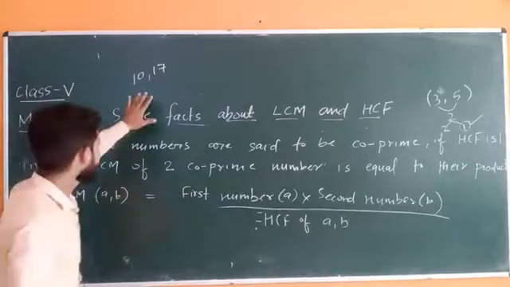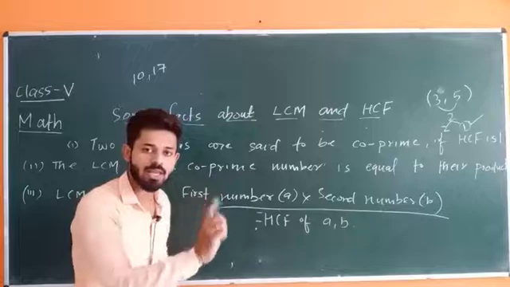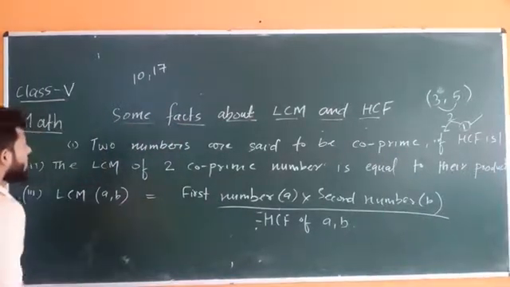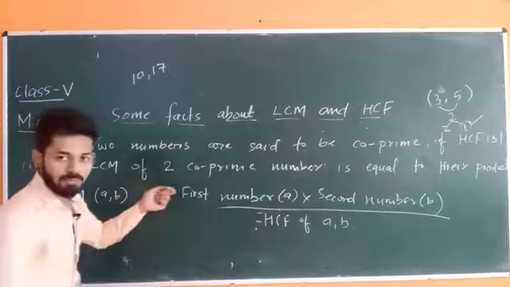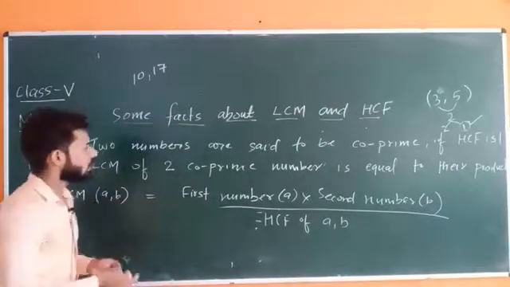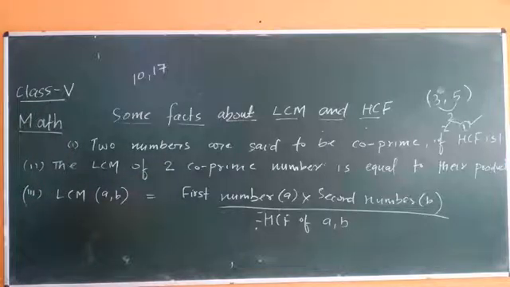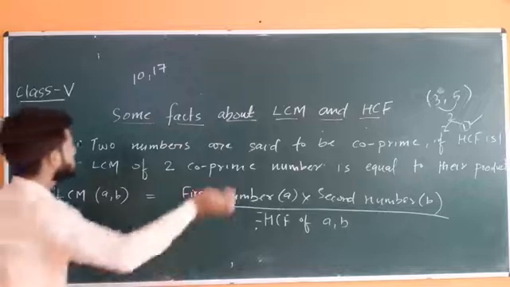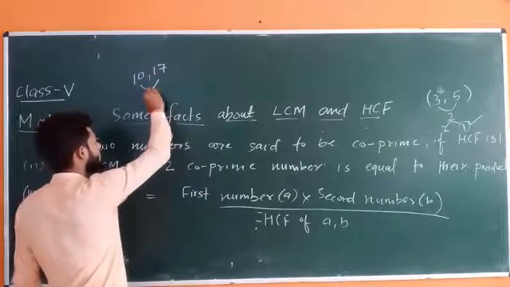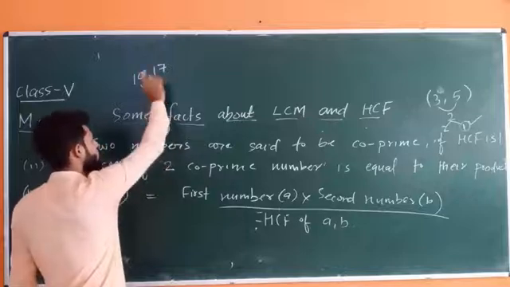If the HCF of these two numbers comes out to be only 1, then both the numbers are co-prime. Now you have to find the HCF. Use the shortcut method in this case, or you can also use the prime factorization method to find the HCF of both the numbers, but I will use the shortcut method, that is, take the difference between both the numbers, which is 7.